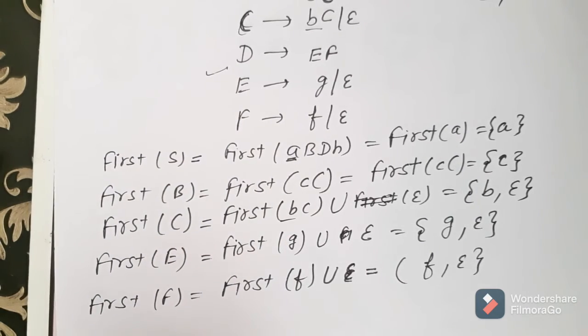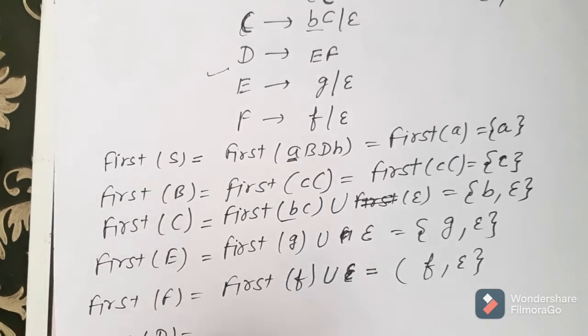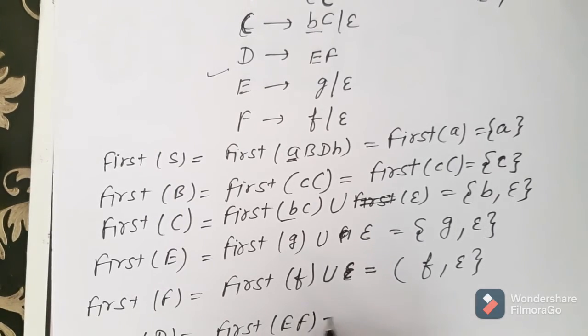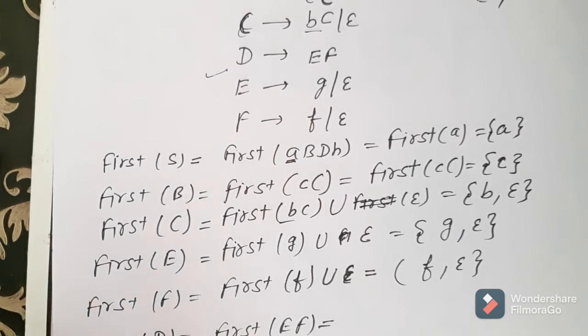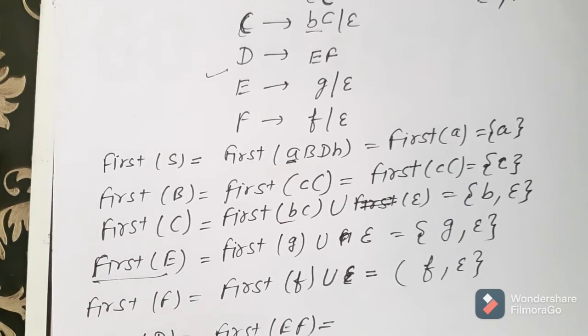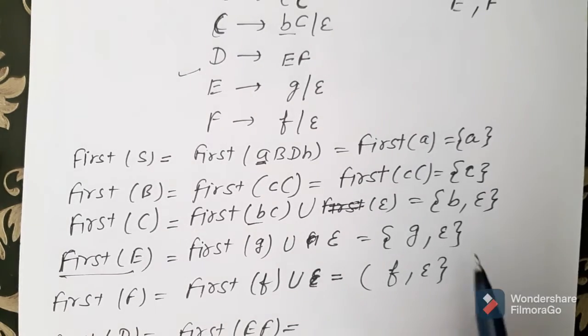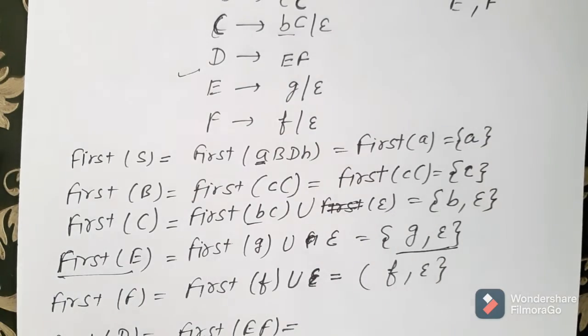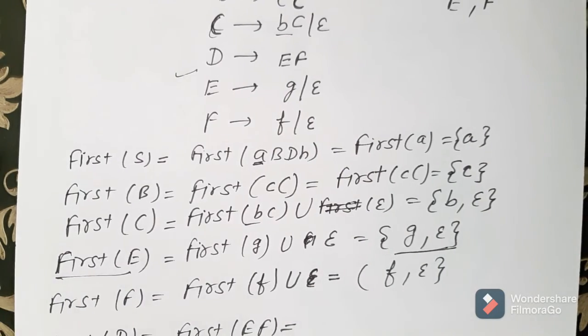Now first of D is first of EF. Now look, we will first find the first of E. I have calculated it, and this first of E consists of G and epsilon, meaning epsilon is coming here.